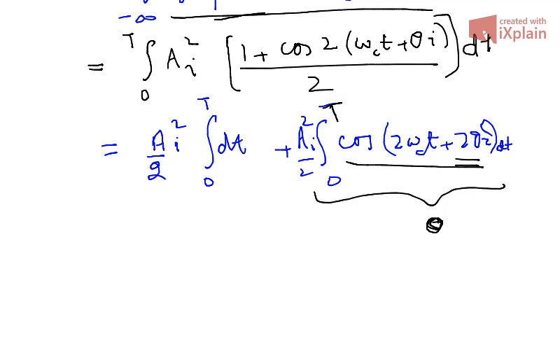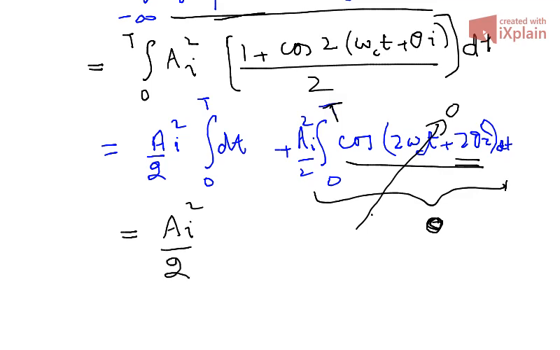This you can verify from your Octave or MATLAB as well. So these integrals give you 0. You will be left with this integral only, and here it is A_i squared over 2.